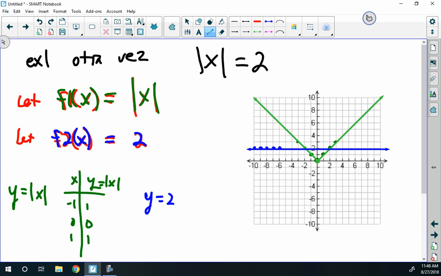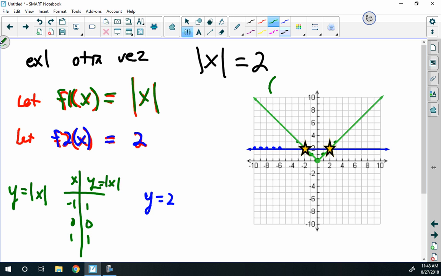So what I've got going on there is I've graphed each individual function, and I can solve equations with two functions. To do that, what I want to know is, where do those two functions meet? Where do those two functions intersect? What points do those two functions intersect at? And they intersect right there and right there.